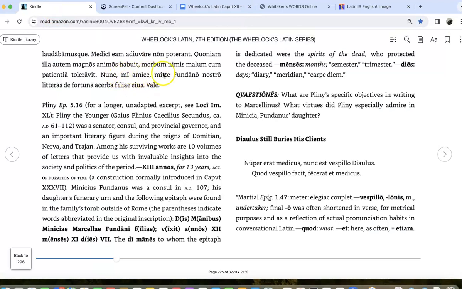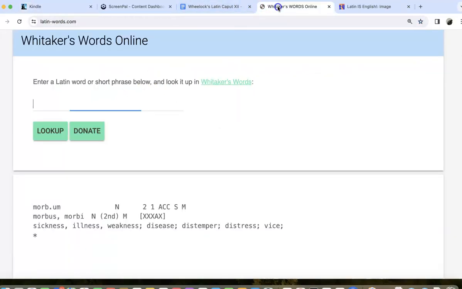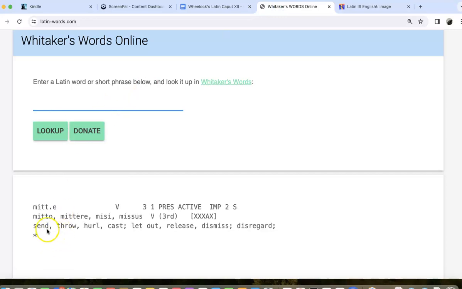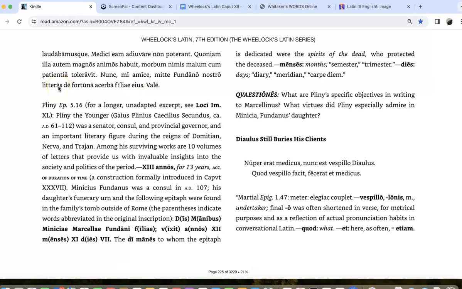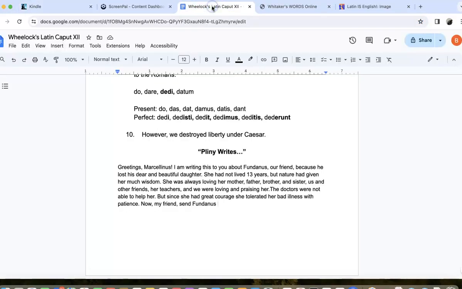So now, my friend, mite is the imperative going all the way back to chapter 1. So send, so giving a request. And then send to our fundanos, literally letters, or a letter about the poor fortune of his daughter.